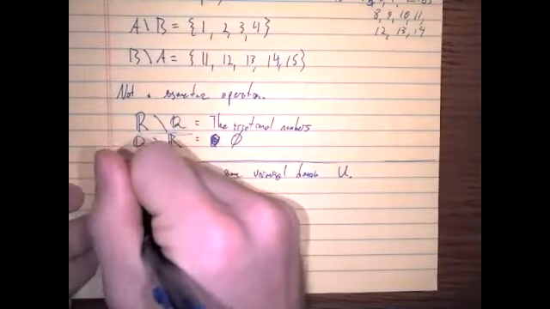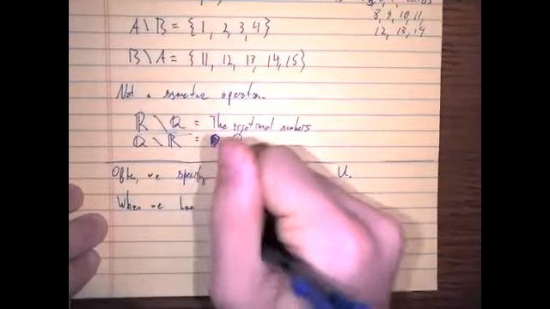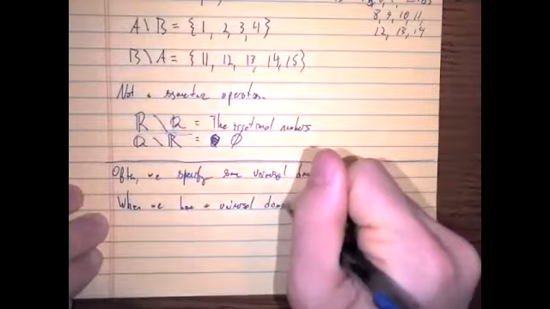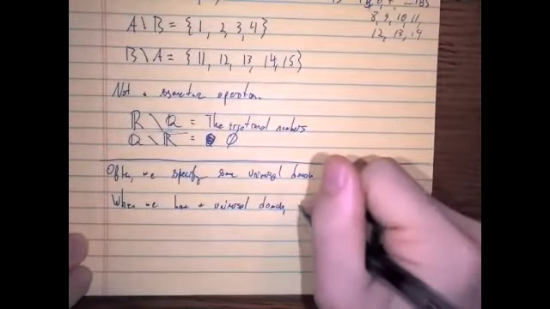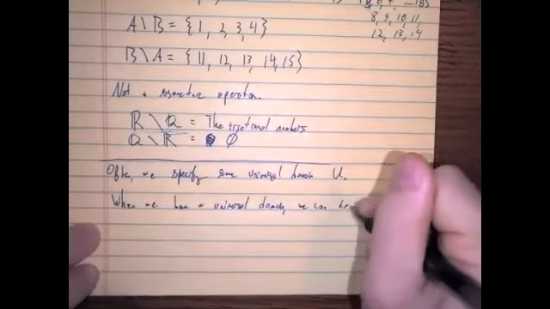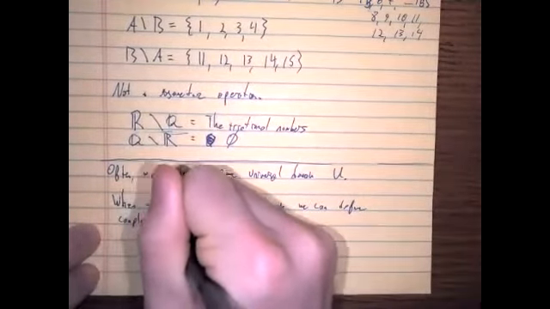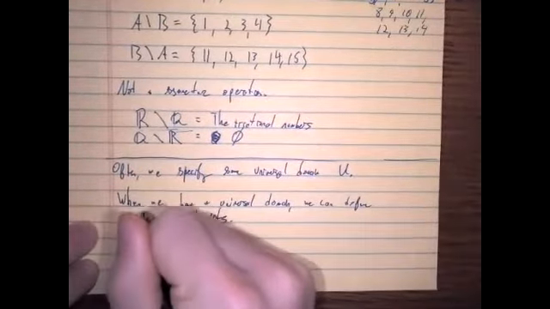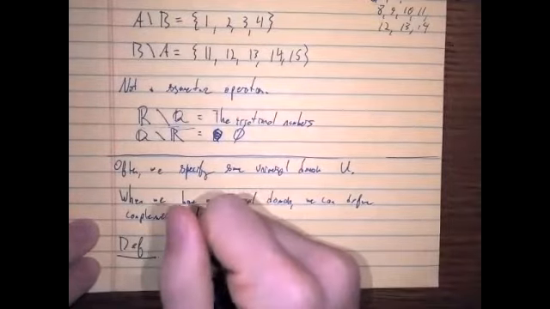When we have a universal domain, we can define complements of sets. The definition just uses one that we have already seen.